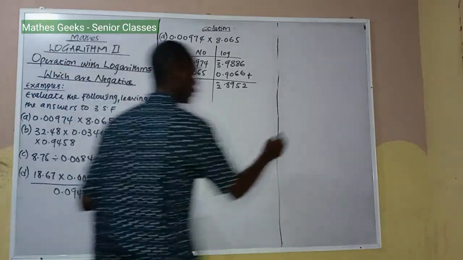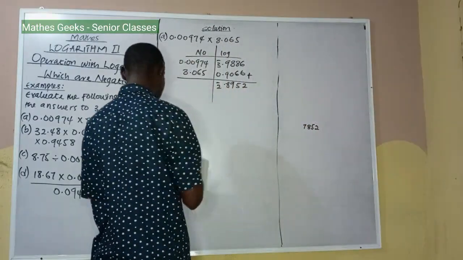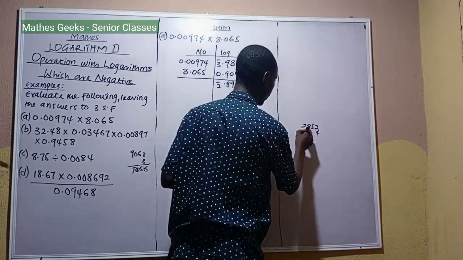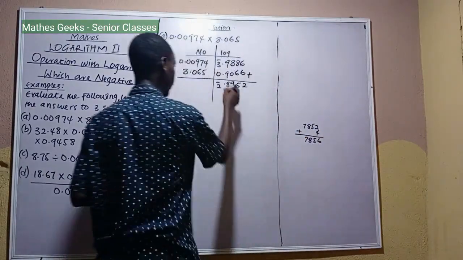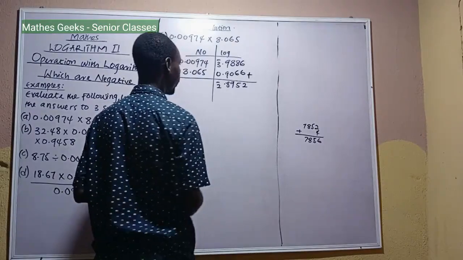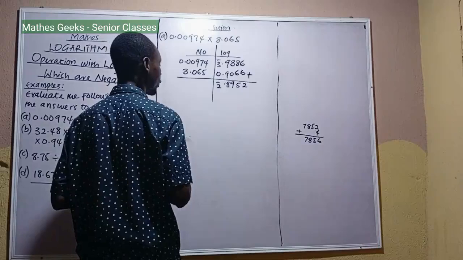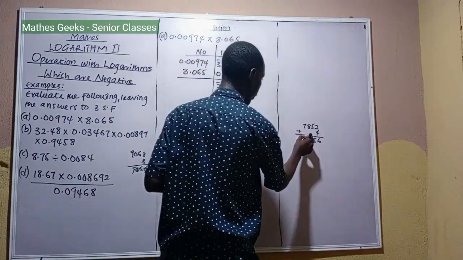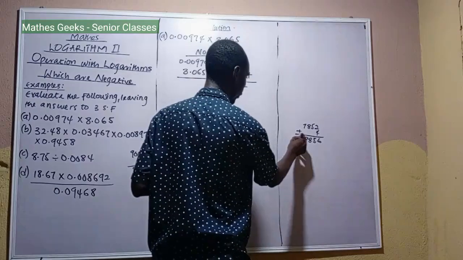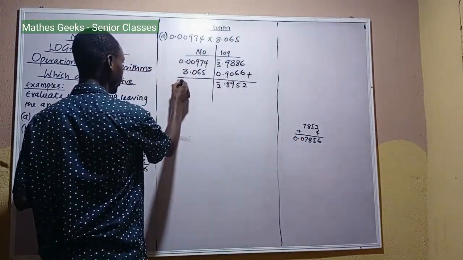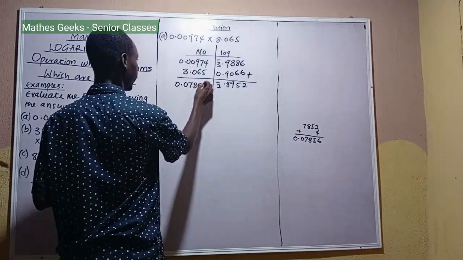7852. Difference 2. Difference 2 is 4. We add it down: 7856. So since our characteristic here is bar 2, that means there must be 1 zero between the decimal and the first significant figure, so 0.07856.